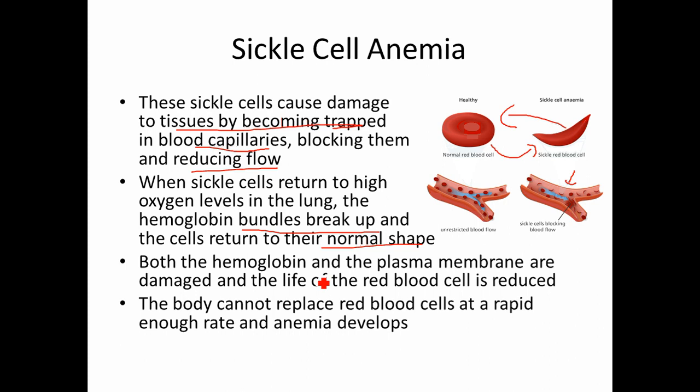Both the hemoglobin and the plasma membrane are damaged as a result of this, and the life of the red blood cell is reduced. A typical lifespan of a red blood cell is about 120 days, and that gets greatly reduced. So the body cannot replace red blood cells at a rapid enough rate, and anemia develops.